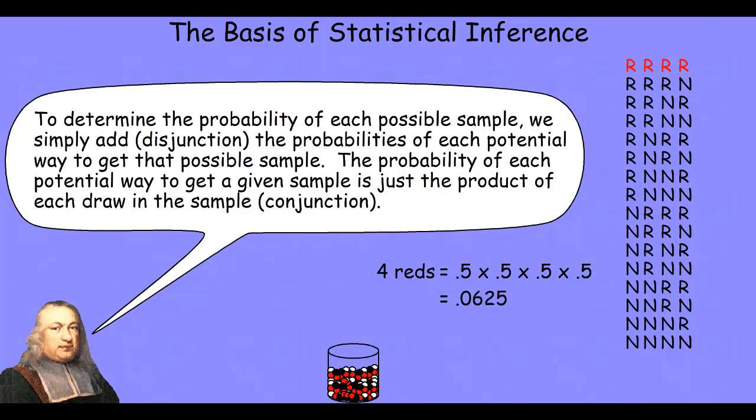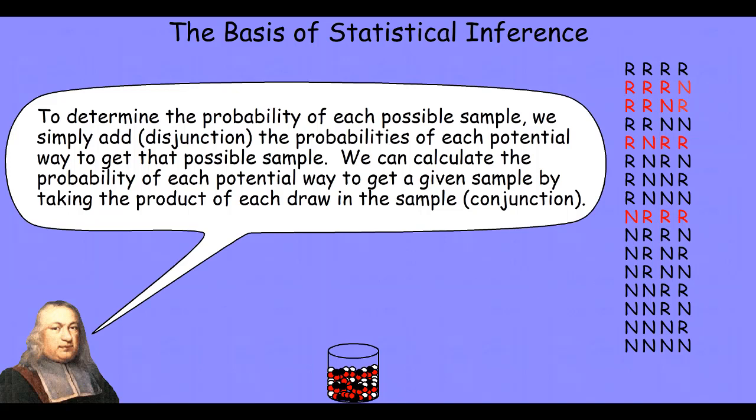That gives us a total of 0.0625. That's the probability of drawing a sample of 4 marbles with replacement where all the marbles are red. And notice that getting a sample of 4 draws where all the marbles are non-red will have that same probability. There's only one way to get it.